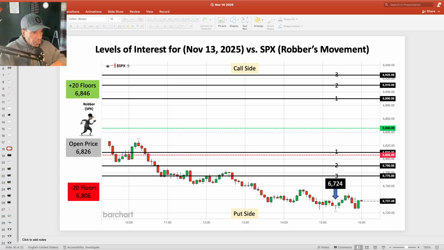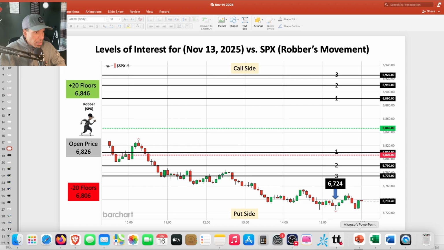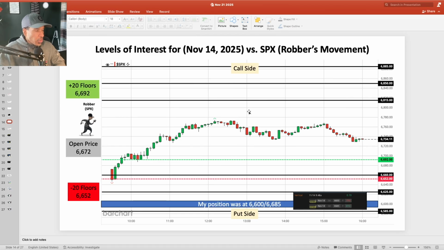let's look at what happened on Friday. Right. So here is the chart from Friday, November the 14th. The opening price on Friday was 66.72. 20 points above that was 66.92, and 20 points below was 66.52.